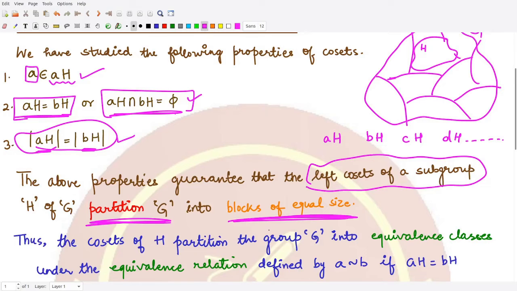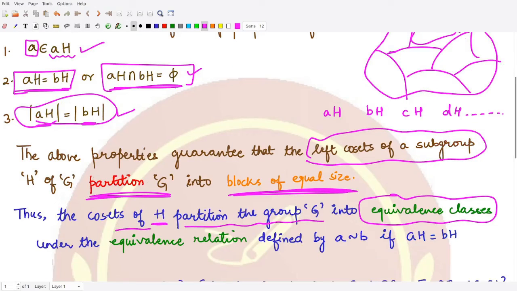Moreover, what do we call them? The cosets of H, when they partition the group G, we call those partitions equivalence classes. Why? Because in this case we have an equivalence relation defined, right? You know what an equivalence relation is?